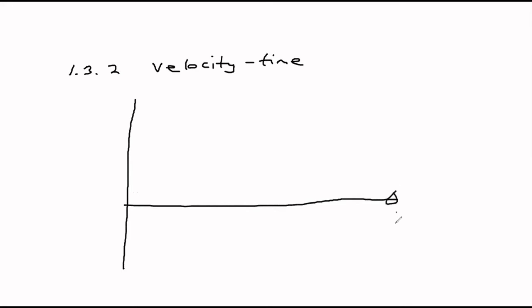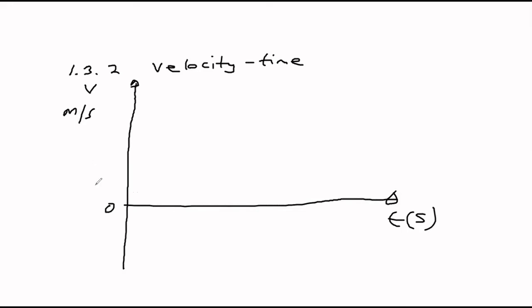We name the axes with t along the x-axis, measured in seconds, and velocity along the y-axis, measured in meters per second.